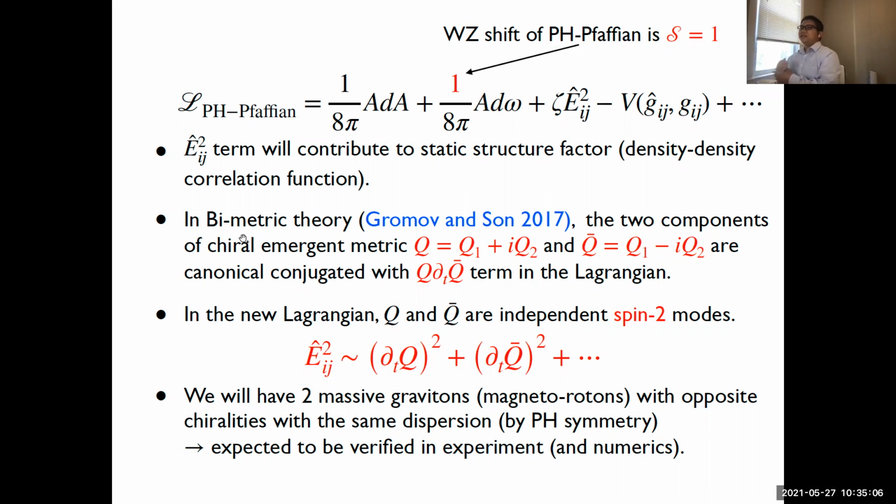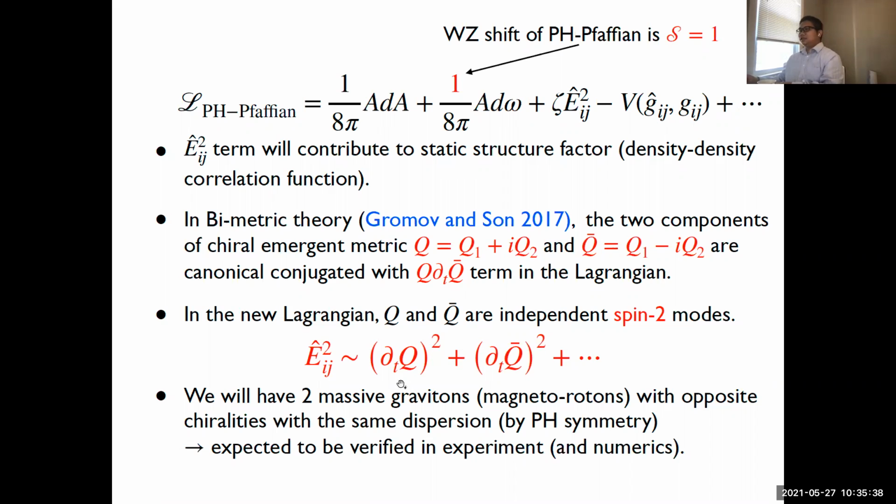In the previous version, the bimetric theory introduced by Gromov and Son, the two components of the emergent metric, Q and Q-bar, are canonically conjugate because of the term Q dt Q-bar in the Lagrangian. However, in the new Lagrangian that we propose here, Q and Q-bar are independent spin-2 modes, because you see that E-squared has this form.